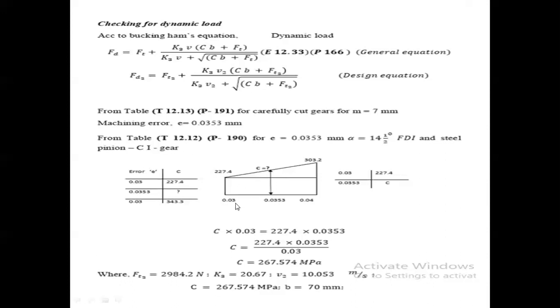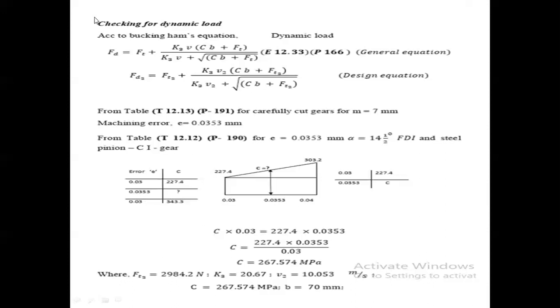By this cross multiplication, I will get 267.574 megapascal as the dynamic factor value for the respective value of 0.0353.